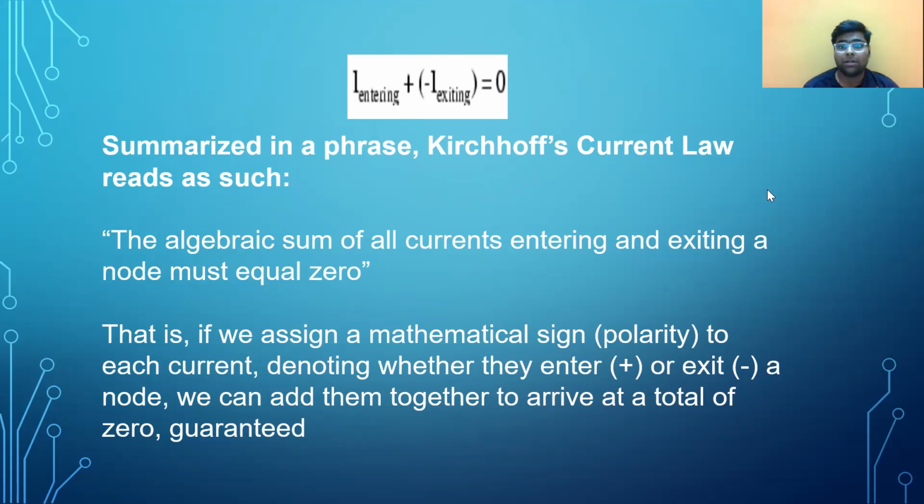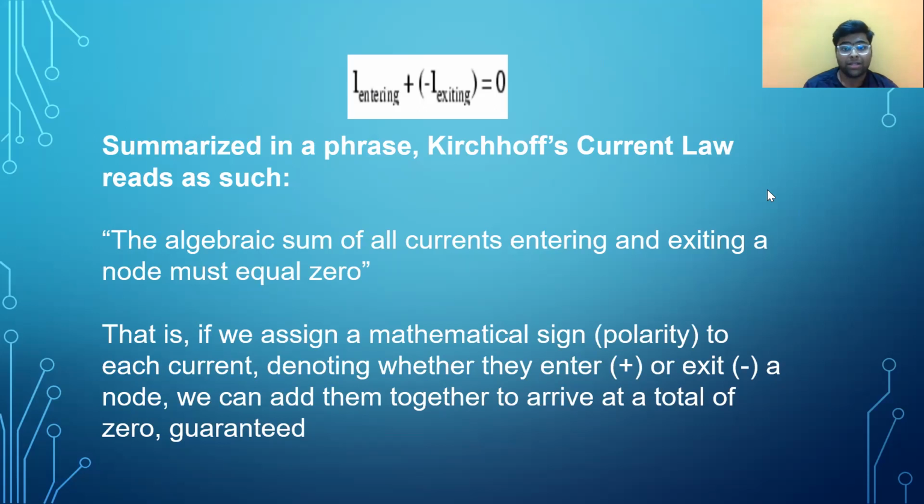The algebraic sum of all currents entering and exiting at a node must equal 0.